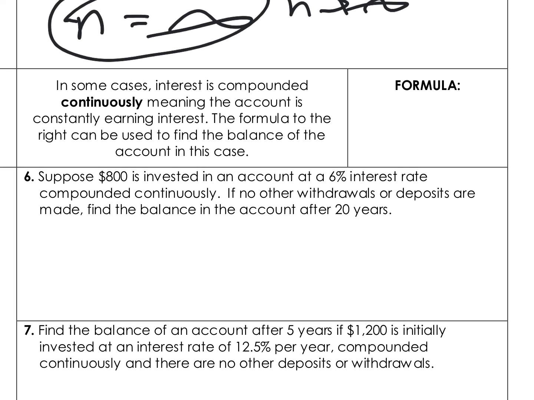In some cases, the interest is compounded continuously, meaning the account is collecting interest constantly. The formula should look very familiar, I think. Matter of fact, I really want to go look it up, make sure I key it in right. You know what? I'm going to go look it up, make sure.